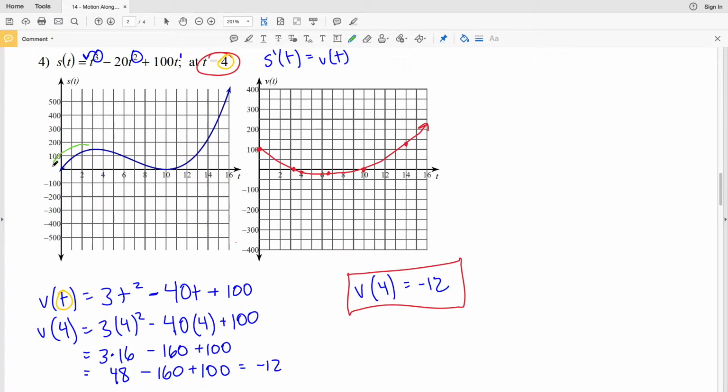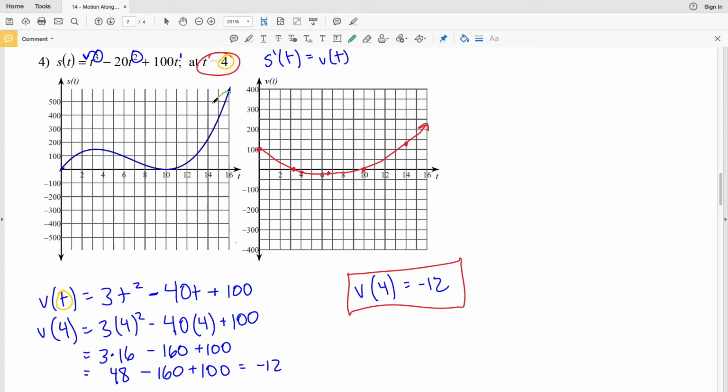Our function is increasing from 0 until our maximum, which you can see is because the derivative is positive. Then it's decreasing from the maximum to the minimum. So from when the derivative equals 0 to the next time the derivative equals 0, our derivative is negative because that position function is decreasing.